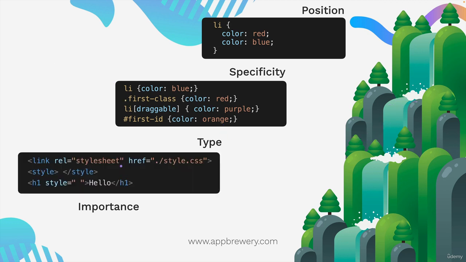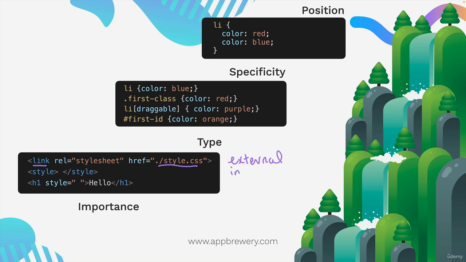Now the next category is the type. We know that there are 3 different ways that we can apply CSS to a particular file. We can use the external style sheet, which is done using the link element, linking to a particular file in our project folder.